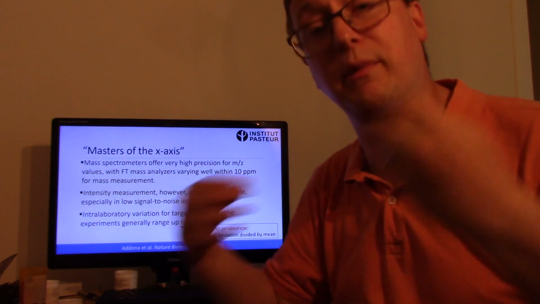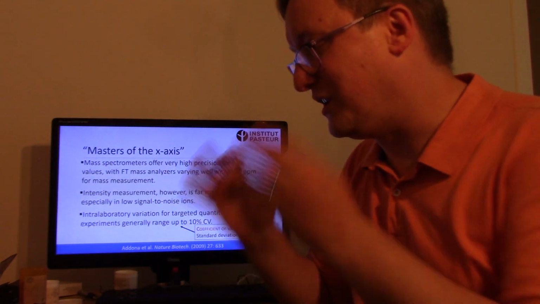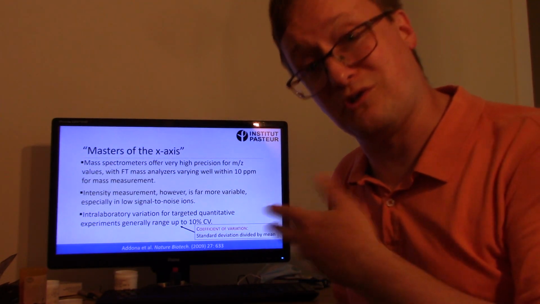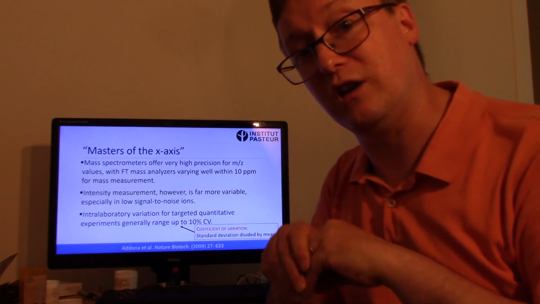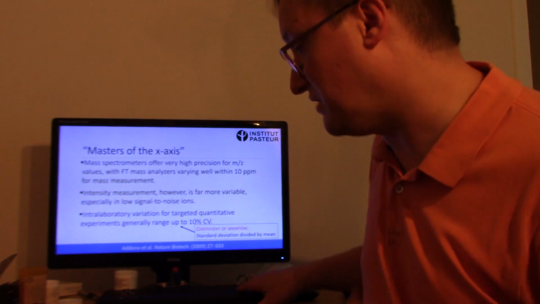So this is an empirical number that reflects all of the variation that occurs when a different person is operating a mass spec in a different laboratory. This was a true test of reproducibility, not repeatability, in that we were changing which instrument was in play, which person was operating it, and so on.